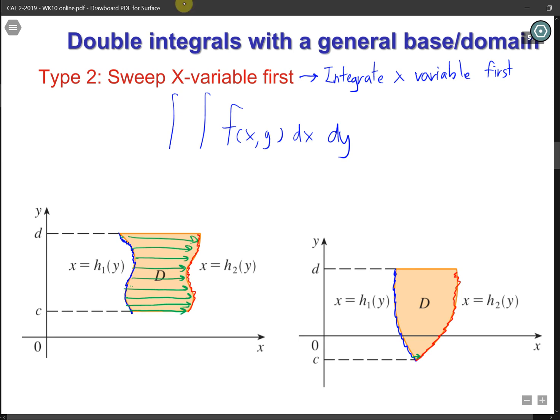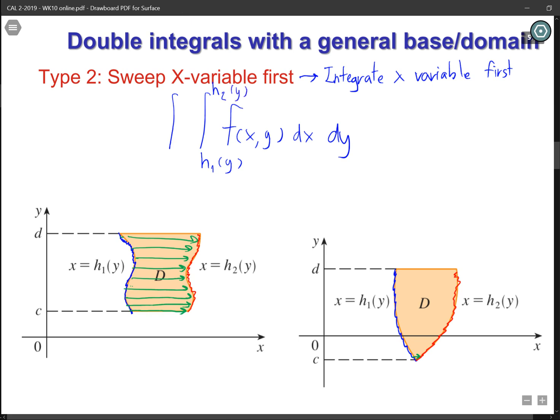In terms of the formula, we sweep the x variable first, starting from the left function, which is called h1(y), and we end at the right hand function that is called h2(y).